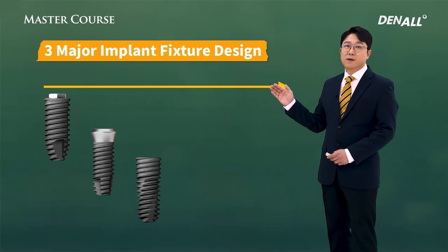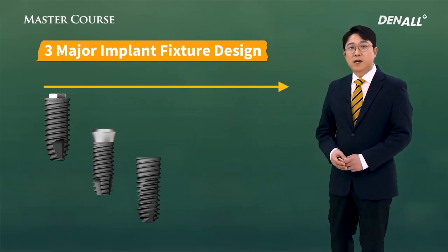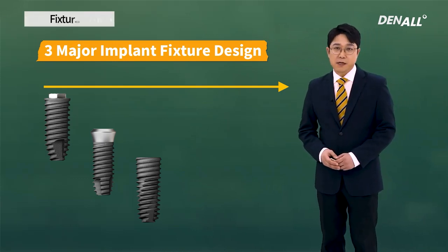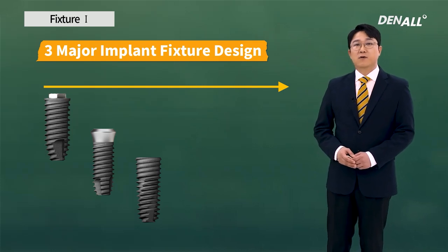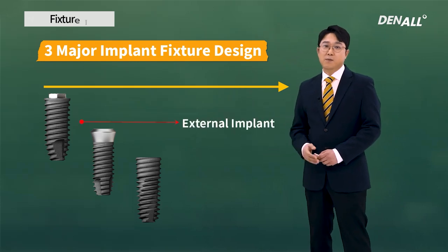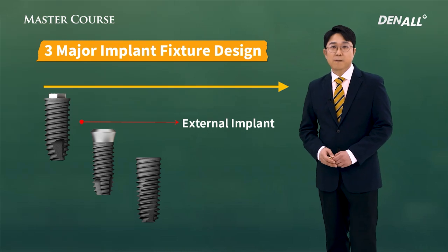If you look at here, there are 3 types of fixtures. Today, most implants are one of these 3. The very first modern implant design to be placed at the bone level is the external type. Osstem sells the type under the name of US.